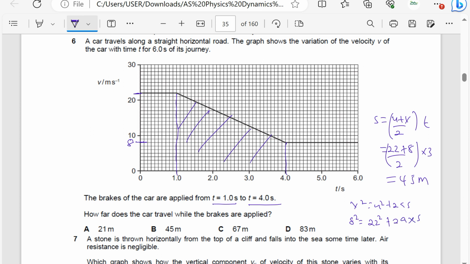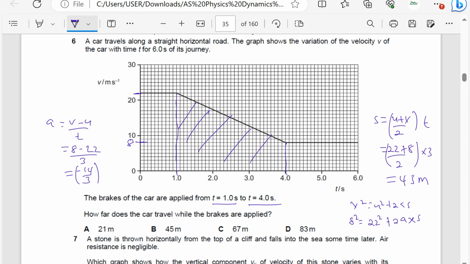But remember, we can find acceleration from (v minus u) over t, where v is 8 minus u, which is 22, over t, which is 3. So this is 8 minus 22, which is, I think, minus 14 over 3. That will be the acceleration.